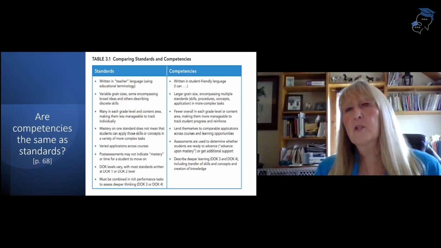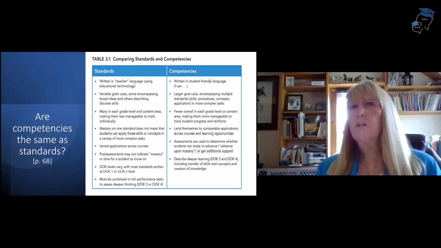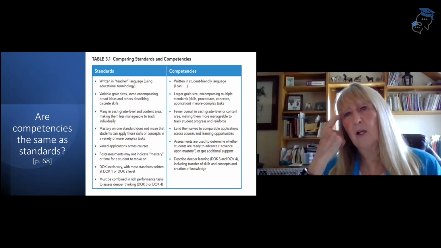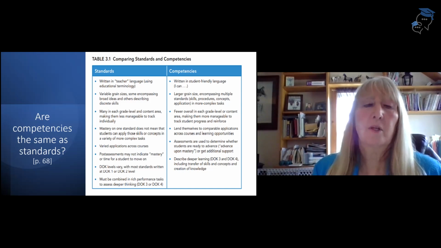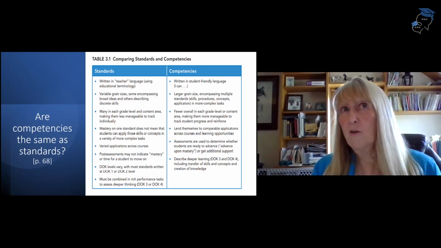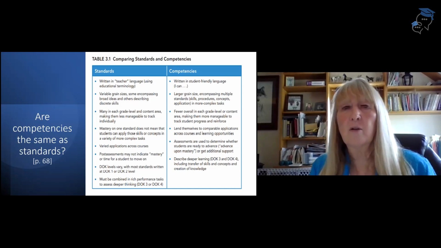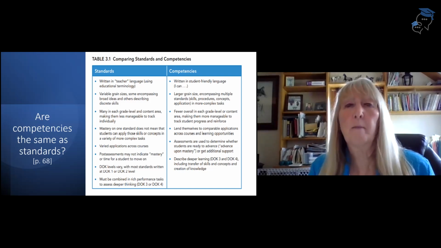So you bundle the standards together and say, I can give you a complex task that hits 3 or 4 standards. There's fewer competencies at a grade level or content area than you would see a comparable number of standards. So teachers who are trying to track 30 standards in math, 30 standards in ELA, 30 standards in science, it's overwhelming.